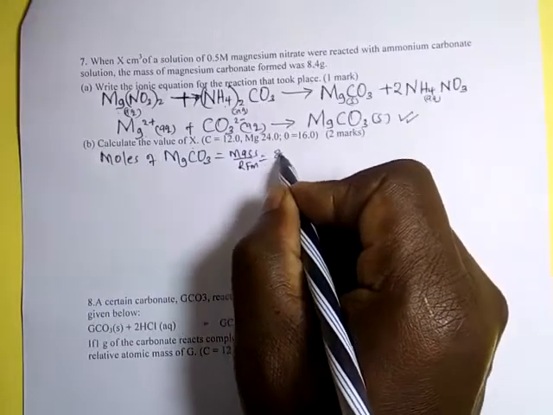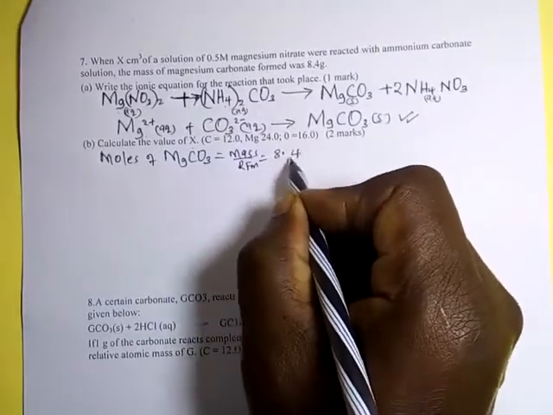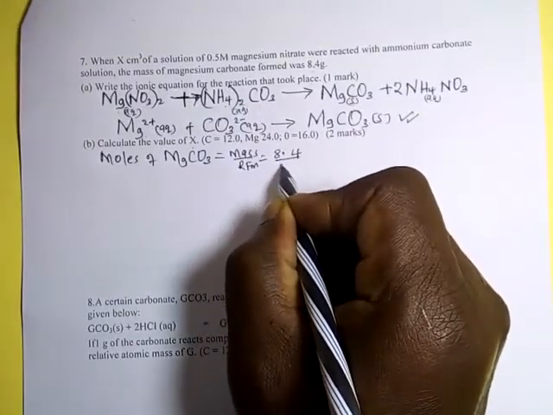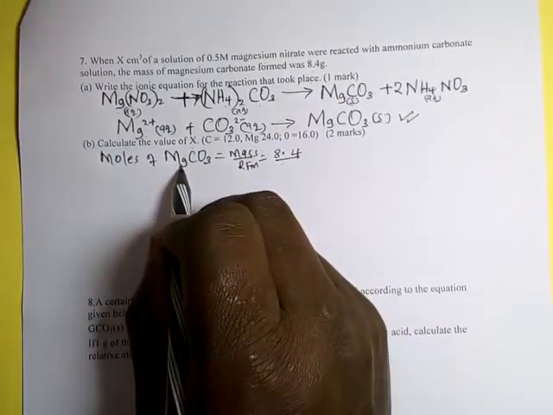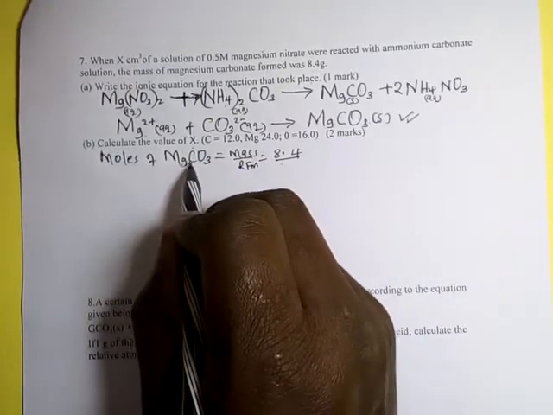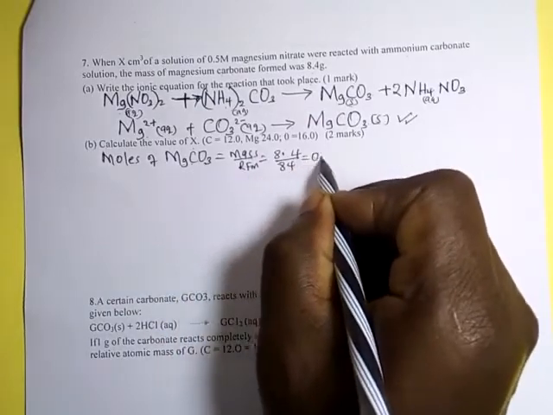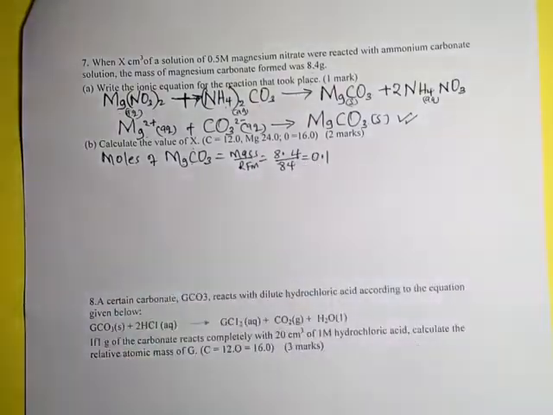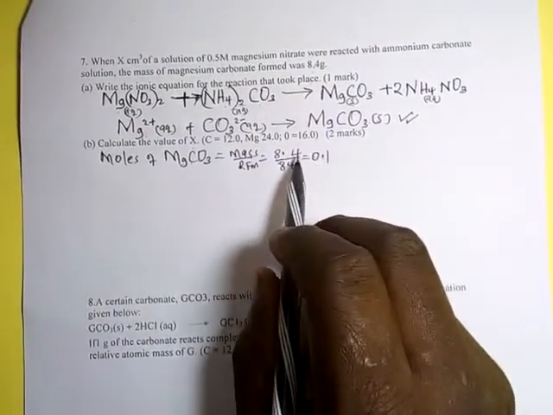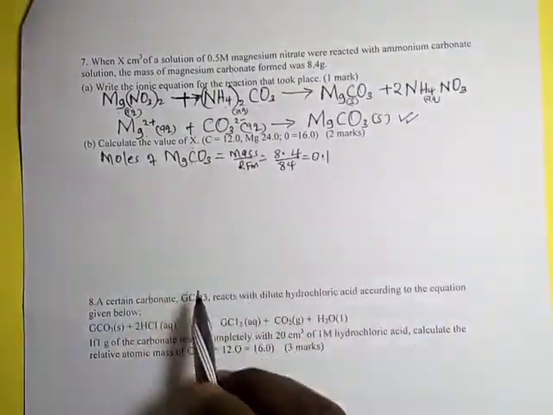Mass we have is 8.4 grams divided by the RFM. Magnesium is 24 plus 12 plus 48, that is 84. So the number of moles is 0.1 moles. So this is the number of moles of magnesium carbonate formed.